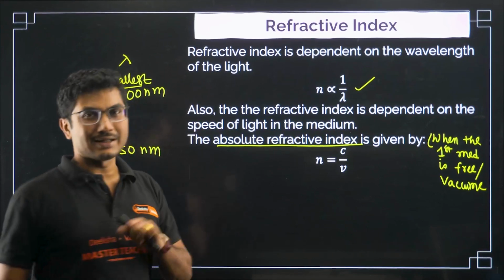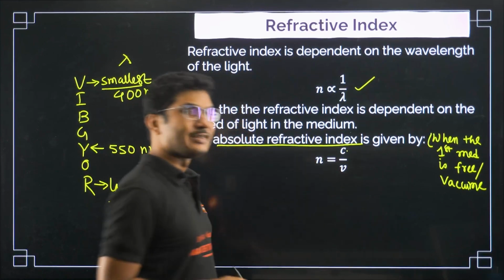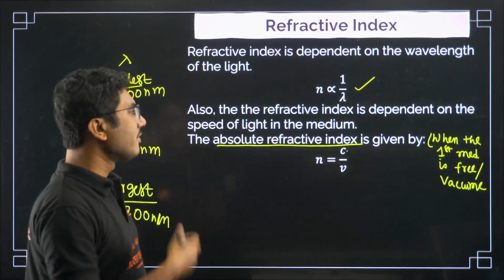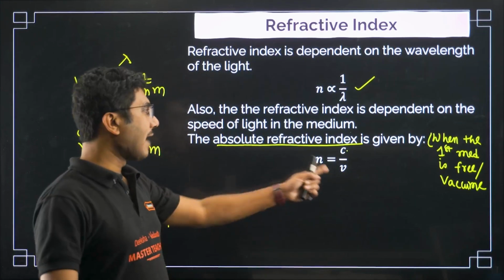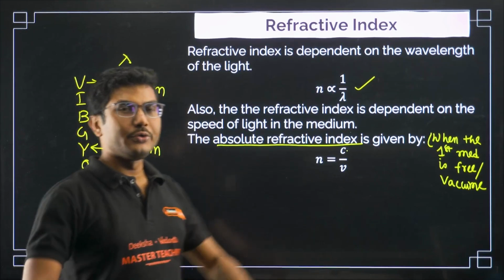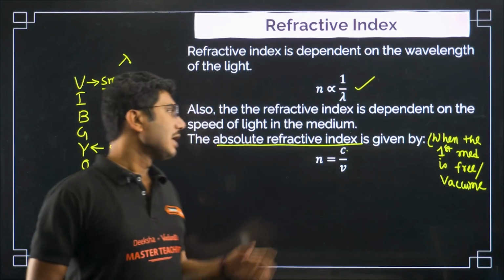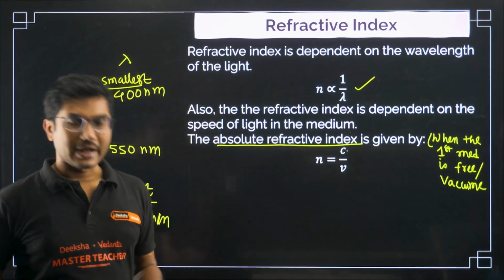For any other medium, the refractive index is given by C by V. C is the speed of light in free space, the speed of light in vacuum, and V is the speed of light in that particular medium. So even without doing any experiment, you just measure the speed of light in a particular medium and you can calculate its absolute refractive index.